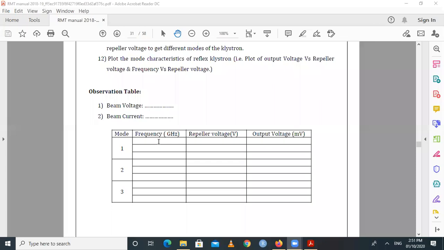Say you get minimum output at 206 repeller voltage, then maximum at 180 volt, and again second minima at 170 volt. For that repeller voltage, you have to find the output voltage. The output voltage can be found on the CRO, and the frequency can be found by rotating the frequency meter until there is a deflection on the CRO. I hope you are getting the procedure for this experiment.